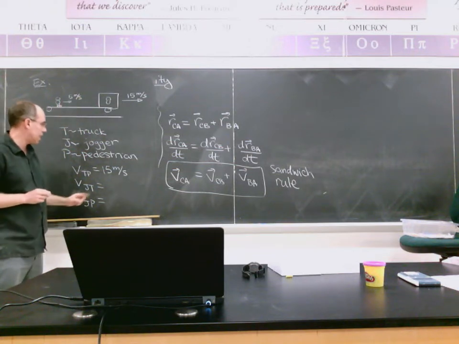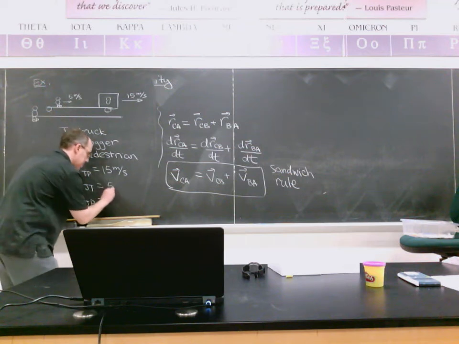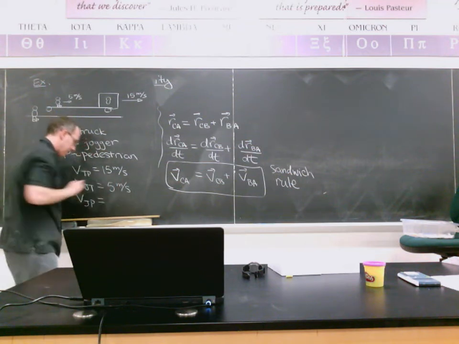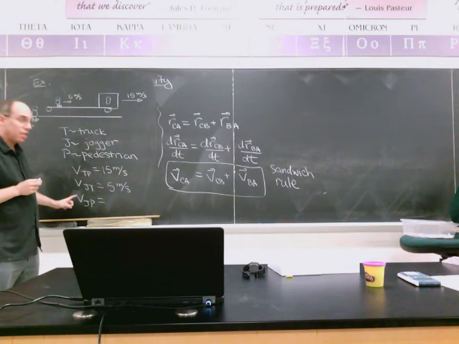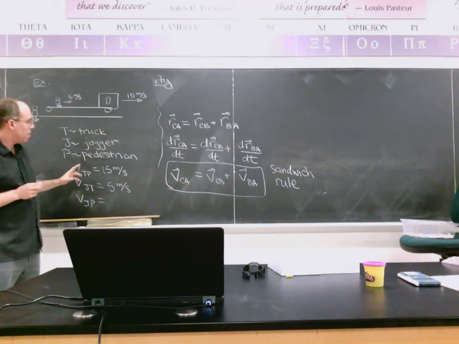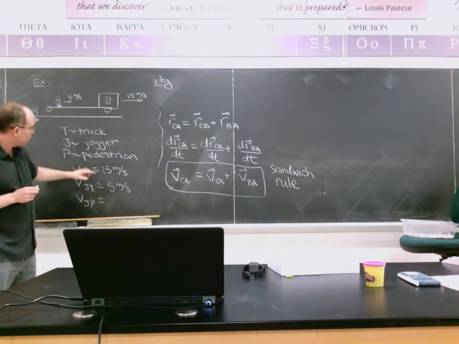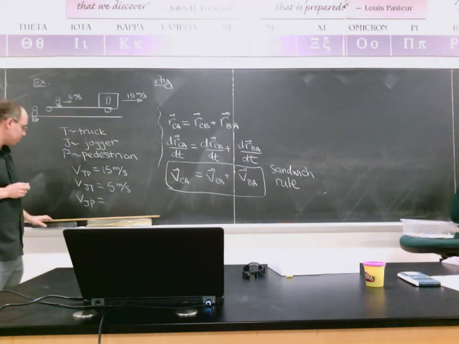So that 5 meters per second is just the velocity of the jogger with respect to the truck. Now, how would we get the velocity of the jogger with respect to the pedestrian? You might look at this and say, oh, that's so easy, but we'd like to take this as an opportunity to practice using the sandwich rule.